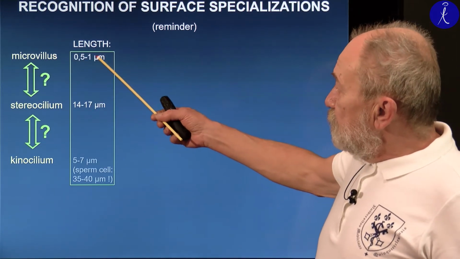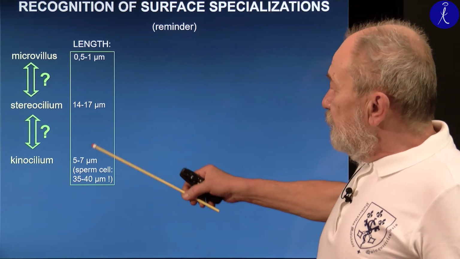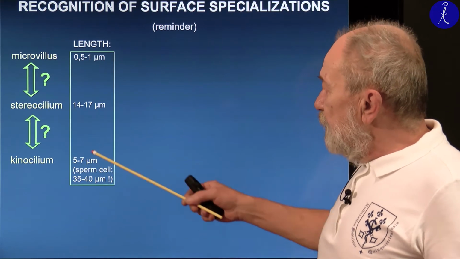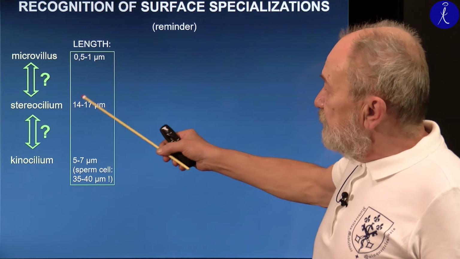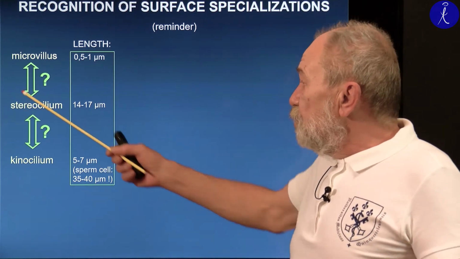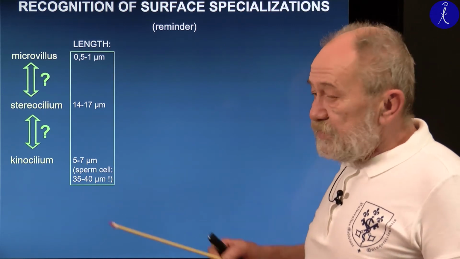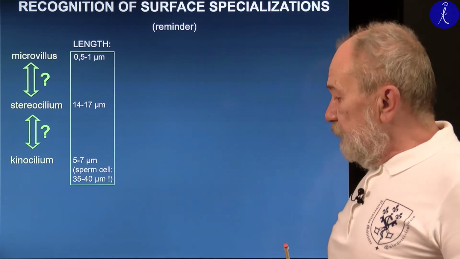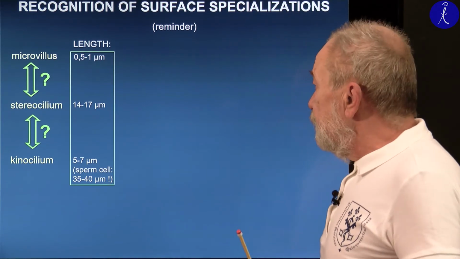You see that below 1 micron is the length of the microvillus. The kinocilium is the next to come with 5 to 7 microns, and 14 to 17 microns is the stereocilium, this being the longest of the surface processes, except the kinocilium, the specific flagellum of the sperm cell, which could exceed 35 microns in length.